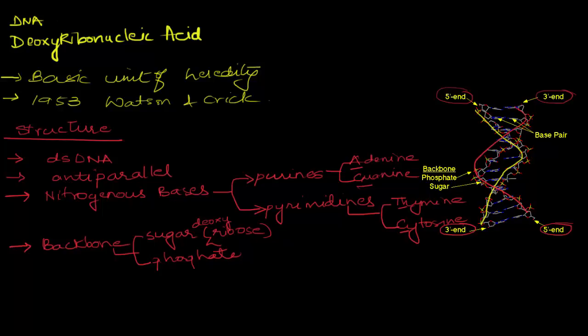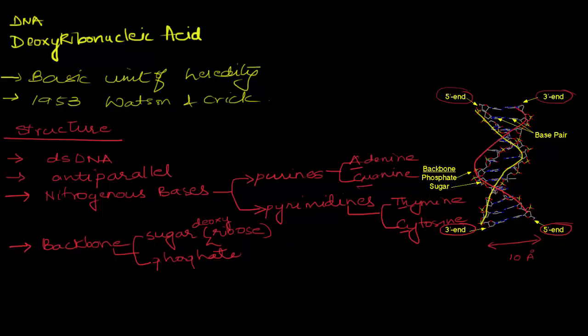Another important aspect of this DNA molecule, if we look at the structure over here, is that these two strands of the DNA are separated by a specific distance. The length between these two strands is 10 angstrom. That's the distance which separates the two strands, and this is a very important, unique identity for the DNA molecule.